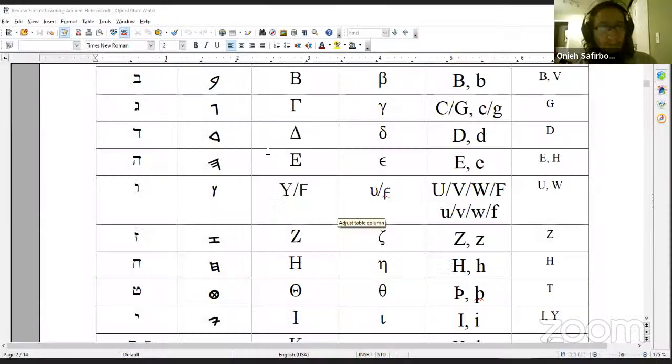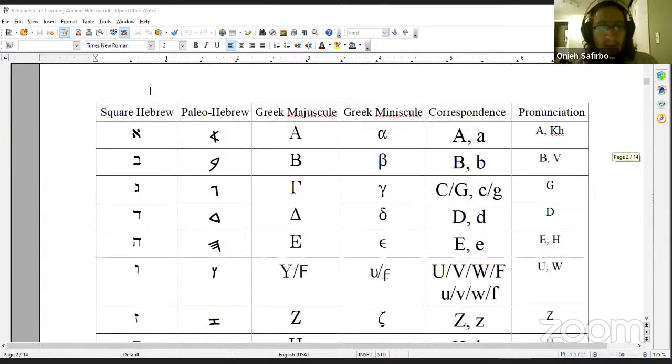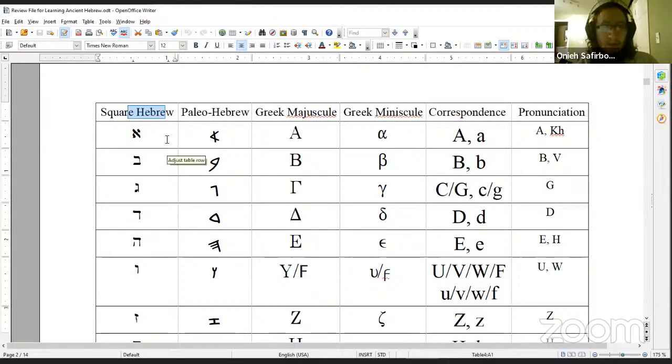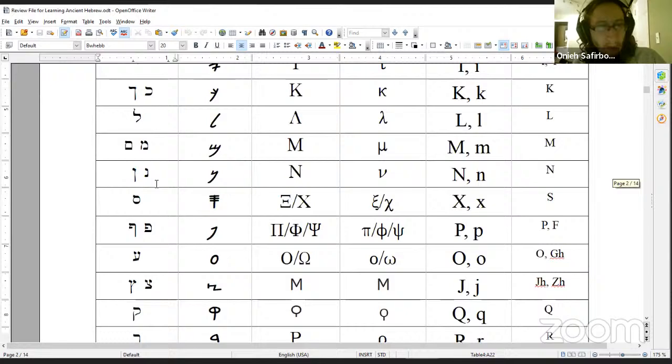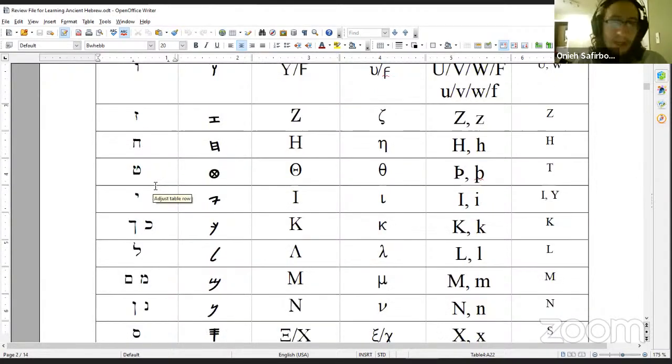So I'm going to first start off by sharing my screen. So we've got the square Hebrew, which is the traditional Hebrew that we're familiar with, in this first column. Then you've got the Paleo-Hebrew in the second column. As you can see, the whole alphabet's right here, all the way down. And of course, the square Hebrew has five letters which have final forms.